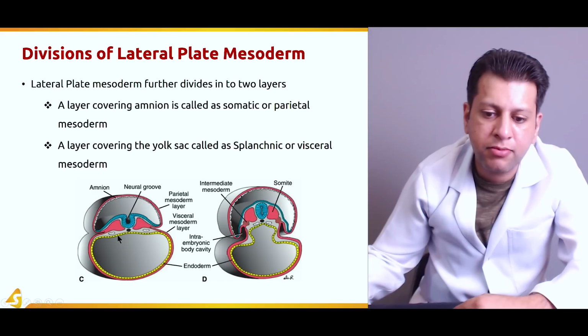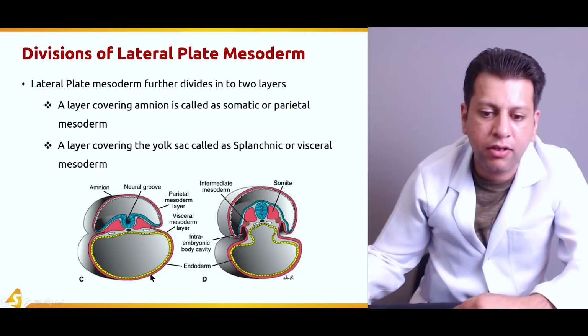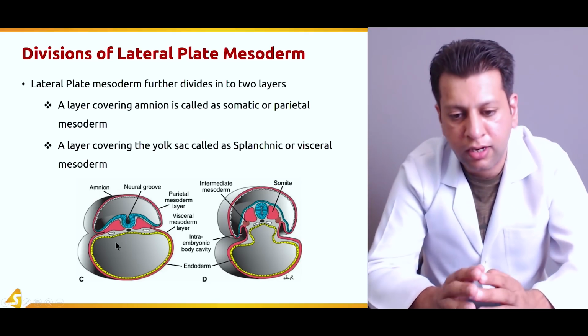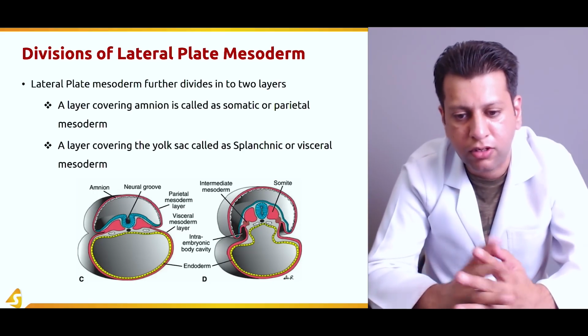This is the endoderm, this is the yolk sac, and the roof of the yolk sac is formed by endoderm. Here this layer, which is called visceral mesoderm, surrounds the yolk sac. This layer of the mesoderm which surrounds the yolk sac is termed visceral mesoderm.